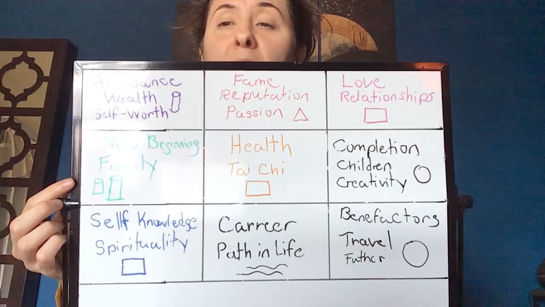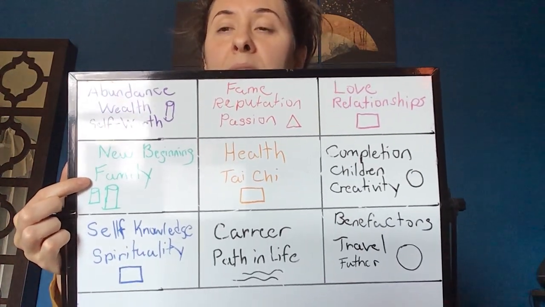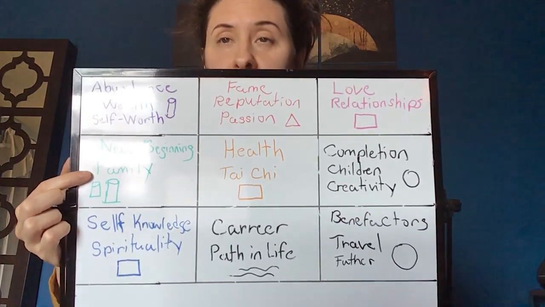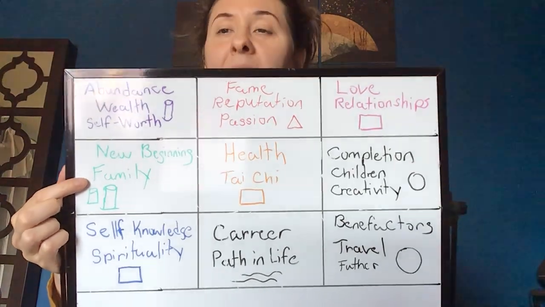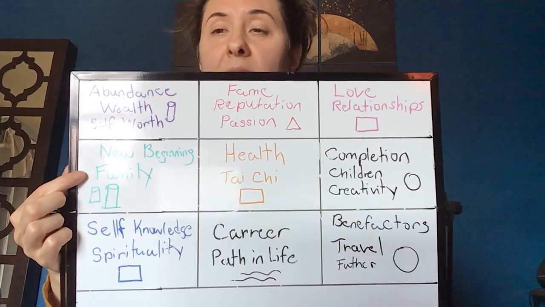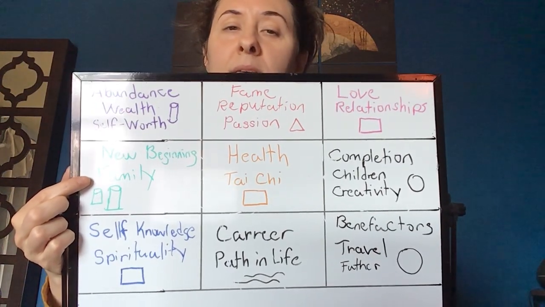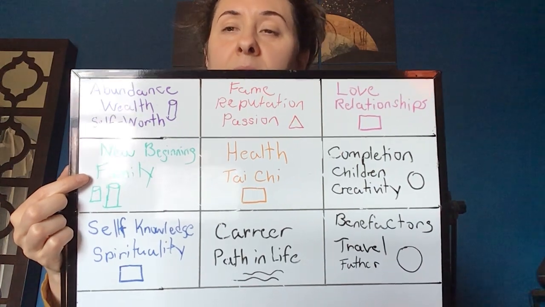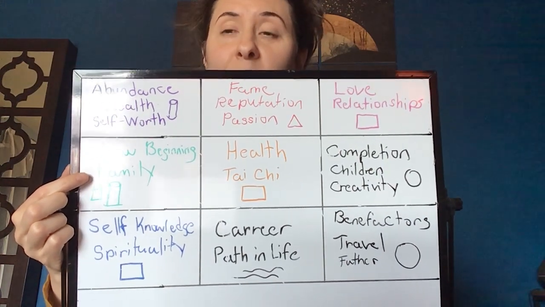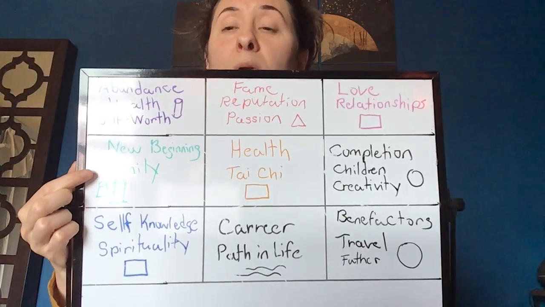Okay, so here we'll always start with new beginnings, right? Because that is the origin of the Bagua. So let's say this is the new beginnings area, which is associated with family. It's connected with the season of spring. So think of that very first blade of grass poking through the soil.